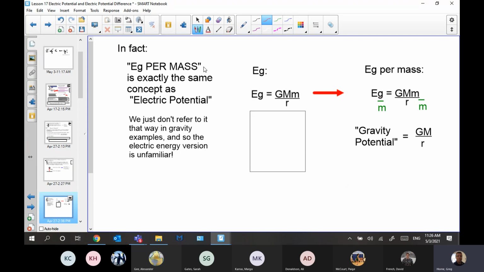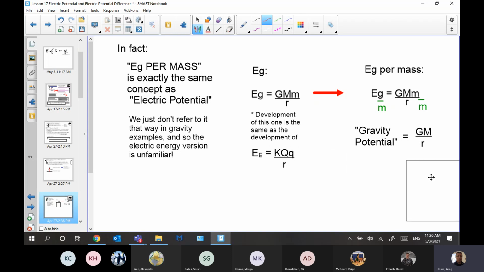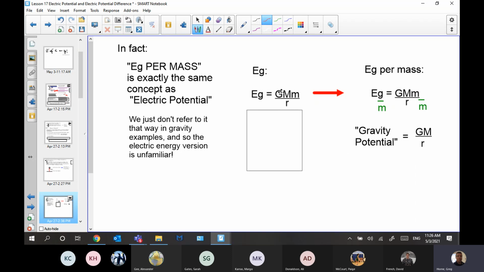So energy per mass would be the same concept as electric potential, and so we would have had EG. EG would have been energy per mass, right? I should have shown this page after I did the equation one for electricity, but it'll make it seem even easier. So in a GMm over R equation for energy to do with gravity, it develops the same way as the electricity one.